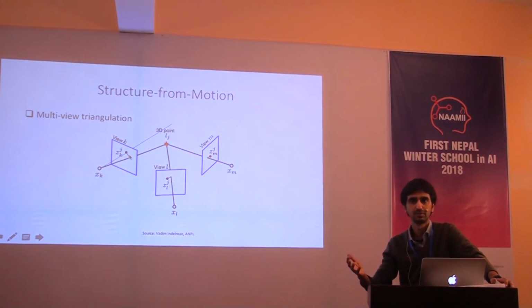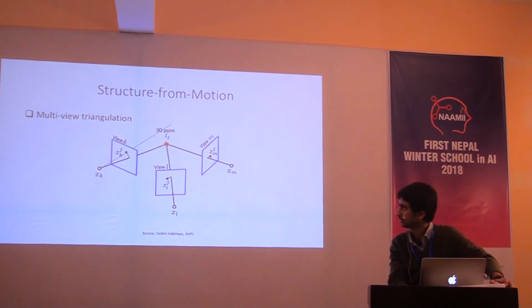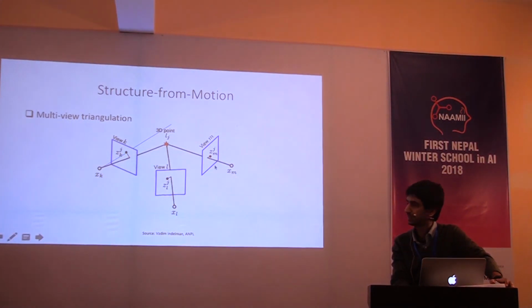Or because of that or whatever, the pose of the 3 cameras is not exactly correct. So if that happens, let's say you match these 2 camera points and you triangulate to some point, and this camera is slightly off, and you match the same point here.